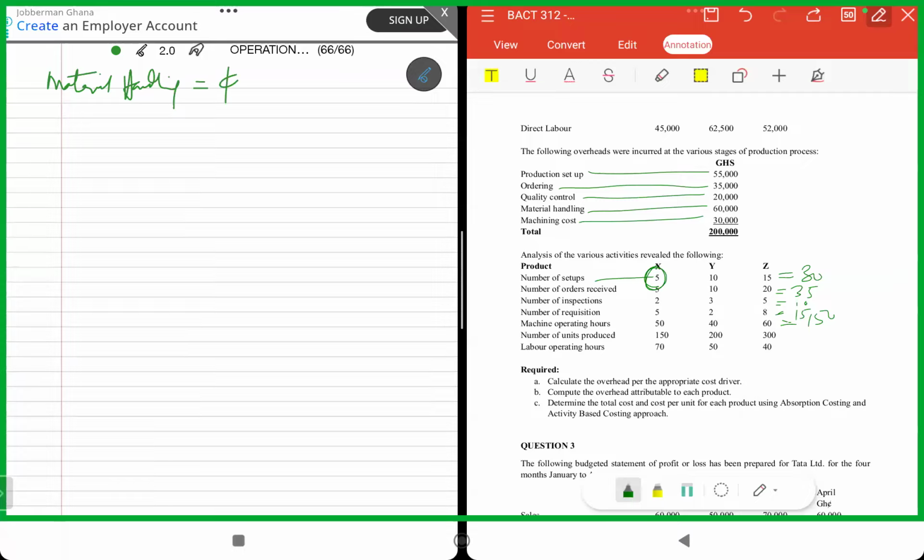How much is it? So 60,000. So it should be 5. Yes, it should be 5/15 times 60,000. Next.